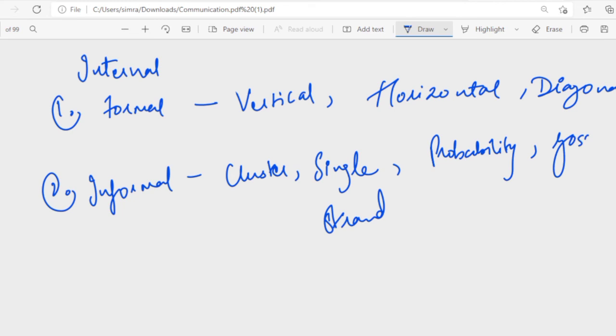So we have seen four types of informal communication: cluster, single strand, probability, gossip chain. And in formal communication we have seen three types: vertical, horizontal and diagonal. Formal is more important, it is official, only work related talks are done. Informal is unofficial, it is simple plain chit chat and gossip. It is not at all important.